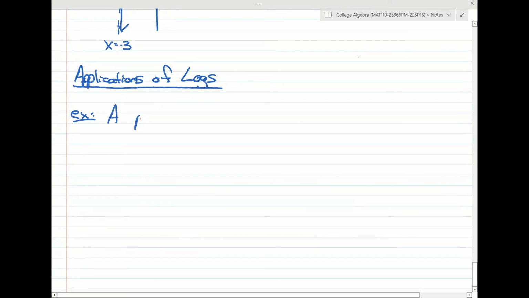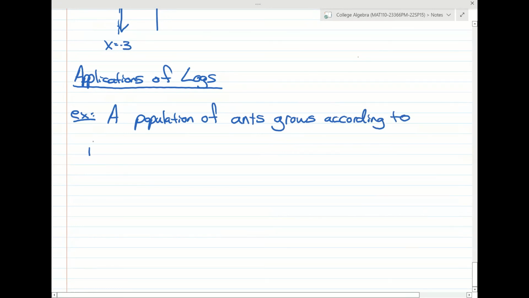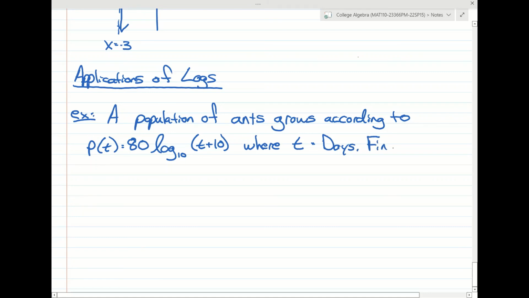Let's say a population of ants grows according to P of t is equal to 80 log base 10 of t plus 10, where t is equal to days. Find the initial population of ants.